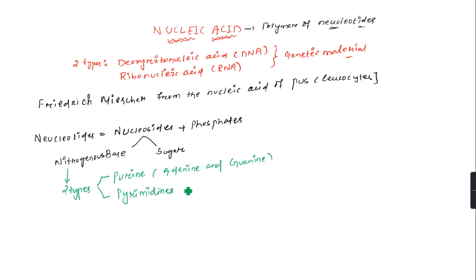But in case of pyrimidines there is some difference: for DNA it is cytosine and thymine, and for RNA it is cytosine and uracil.